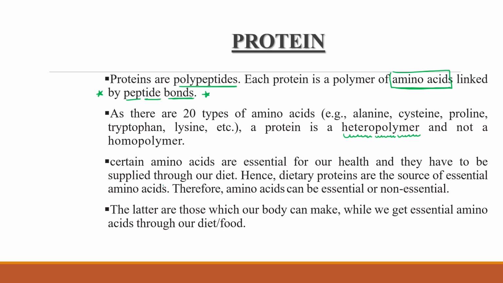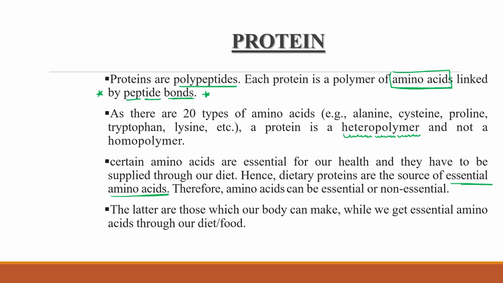Certain amino acids are essential for our health, right? And they have to be supplied with our diet. Some amino acids are very, very important, so we have to take all those amino acids through our diet. So dietary proteins are the source of essential amino acids. And essential means some are non-essential also, right?